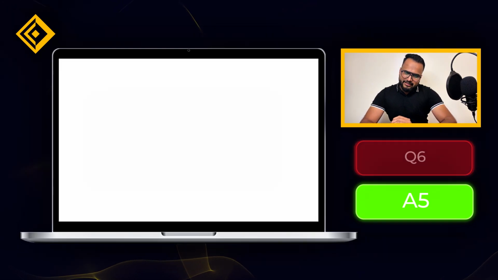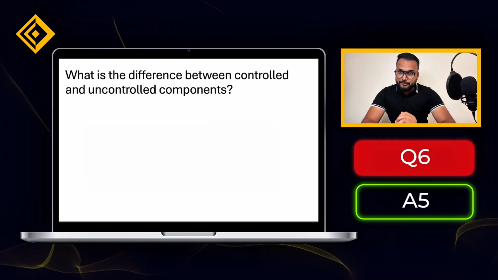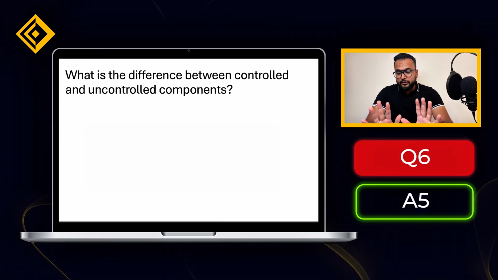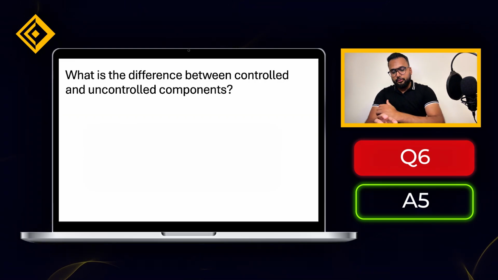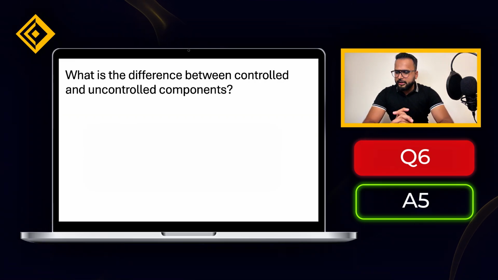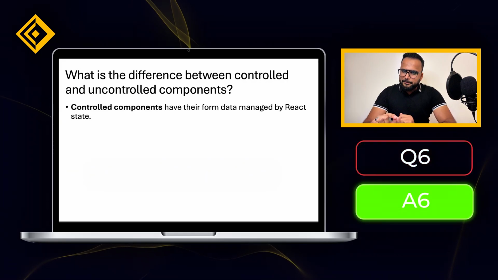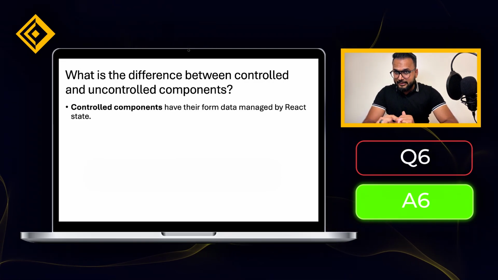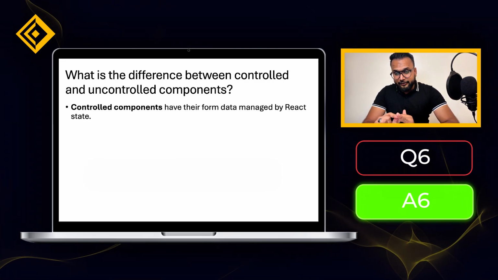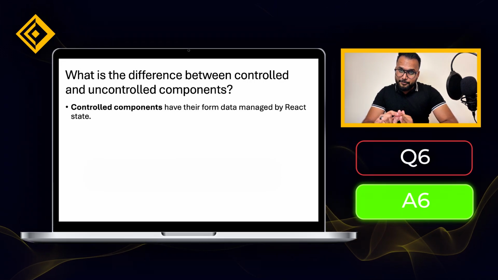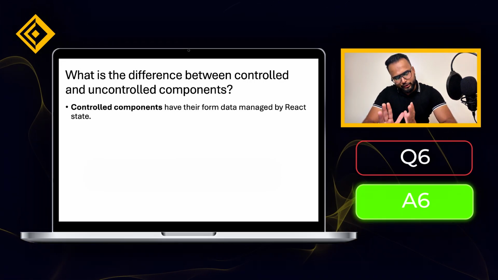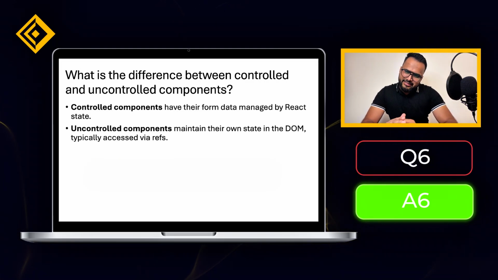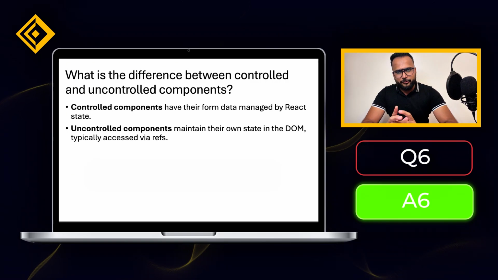After that, they will ask you what is the difference between controlled and uncontrolled components. Most probably every interviewer will ask you this question. Controlled components are those whose data is managed by React state, either in a class component or hooks. If you are managing the data of the component with the help of state, that is in your control. Uncontrolled components are the ones that maintain their own state in the DOM, typically accessed via refs.